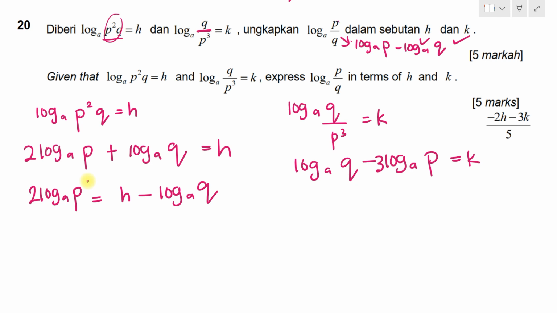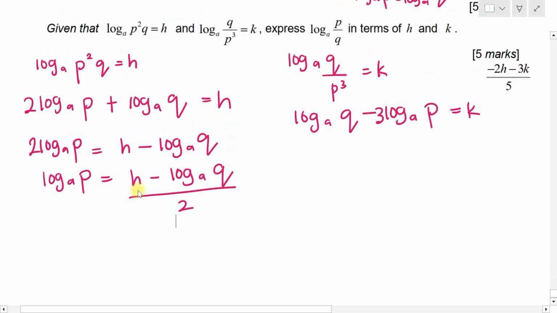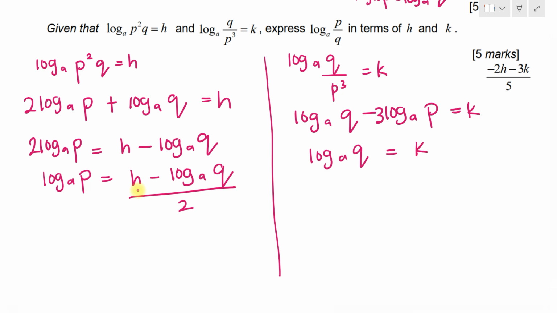And log a P equal to H minus log a Q over 2. Okay. At the same time, I do this simultaneously. Log a Q also equal to K plus 3 log a P. Okay. Alright.